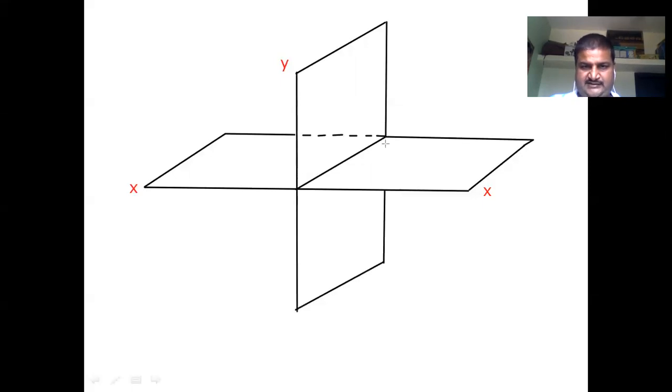And once again, this much part is dotted. Why is it dotted? Because it is lying exactly at the back side, but it is not clearly visible to the eyes, but it is there.